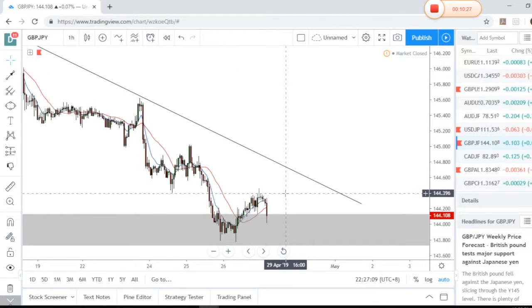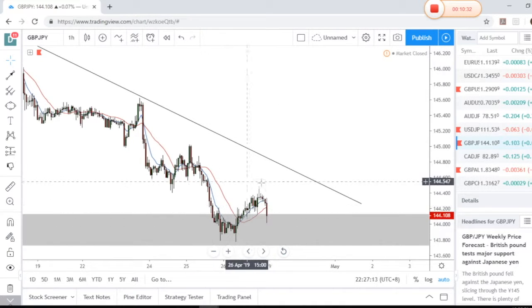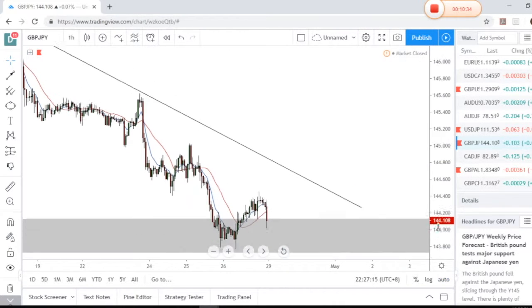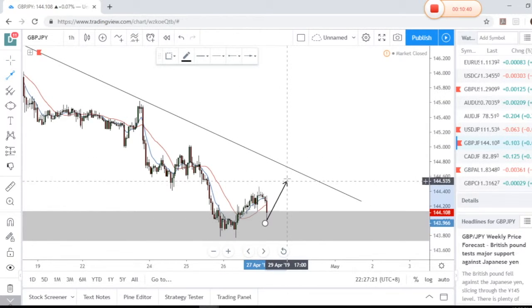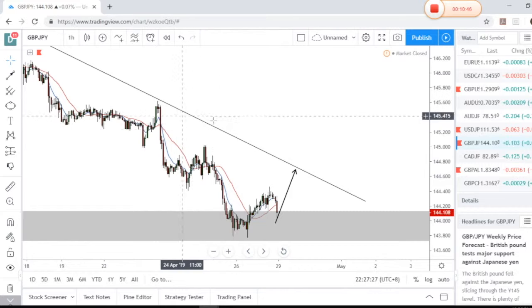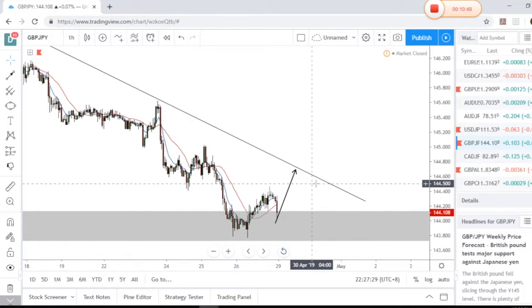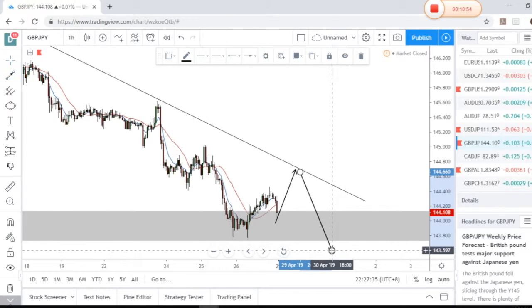We do see that price has been trading in a double bottom on the hourly time frame. So this tells me the price may go from this liquidity zone back up to the downtrend line. As usual, if the price manages to hold below this daily trend line, we can see the price push downwards again.